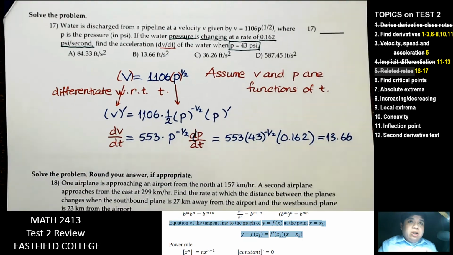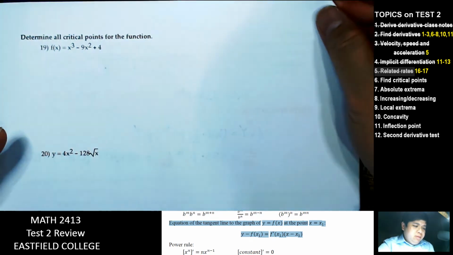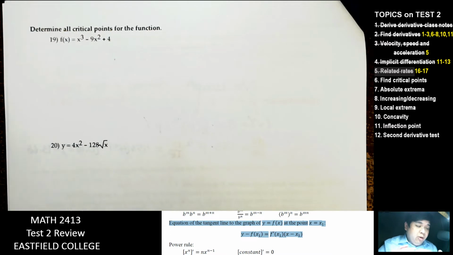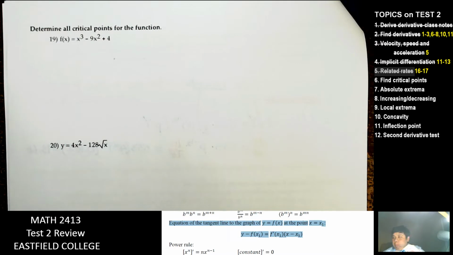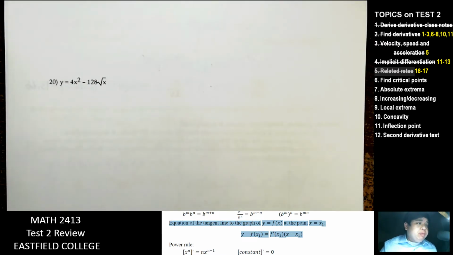Next we go to the critical points. Critical point 19 is too easy. Focus on 20, which is a bit complicated. Right. So to recap, actually we haven't started, but given the nature of the review, I assume that we know quite a few things.